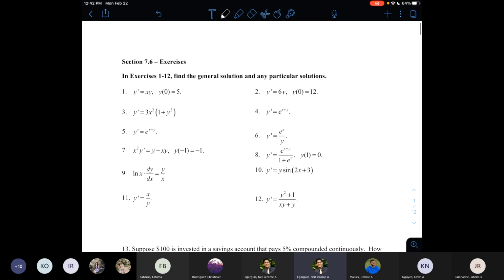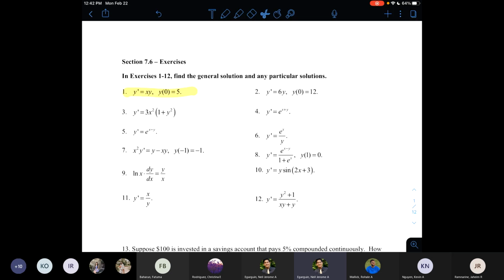If you look at the top of the worksheet, it has problems 1 to 12. All of these are differential equations because they involve derivatives. Again, our goal here is not to simply look for a number y that satisfies this equation, but to look for functions y that satisfy it. Let's try some simple ones. Let's try problem 1.